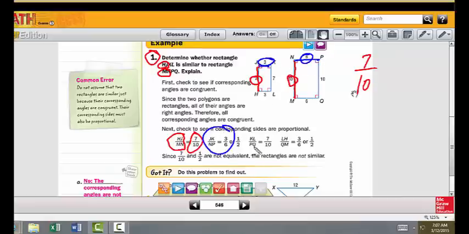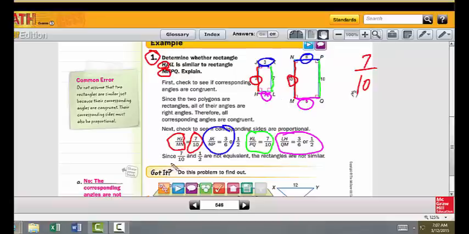Then we have KL over PQ. Here's KL, here's PQ, and that also is 7/10. And then lastly, we have LH over QM, so our numbers there are 3/6.